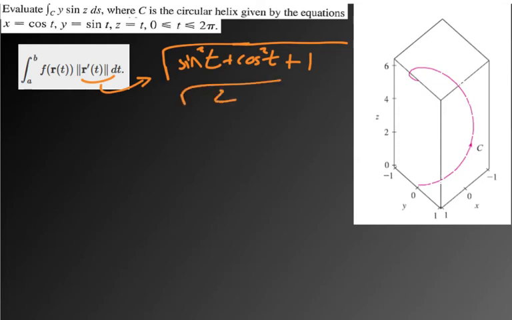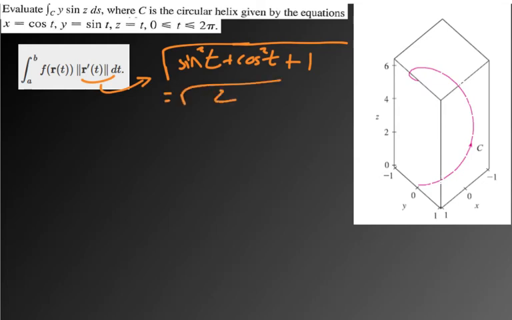So we would have the square root of the derivative of x, which is minus sine, but it's going to be squared, so we can just put sine squared t, and then the derivative of y is cosine t, and we're squaring it because it's a magnitude, and then the derivative of z is 1, we're squaring it, but we don't need to really square it. So this whole thing would just be square root of 2, right?